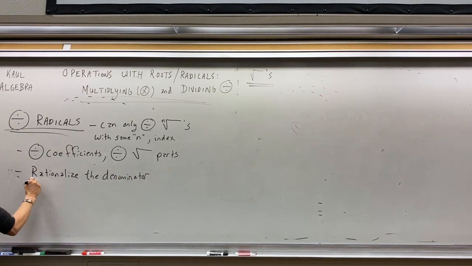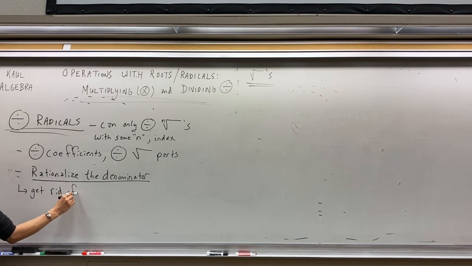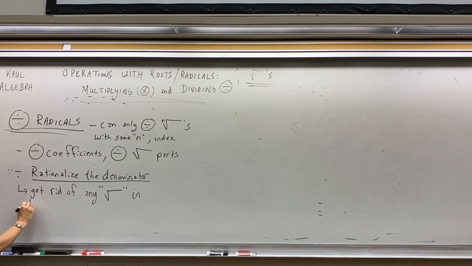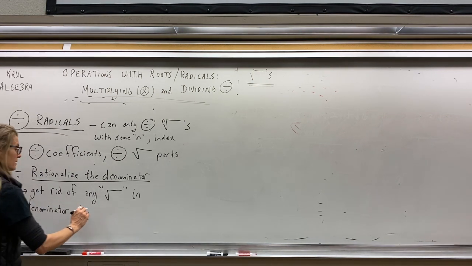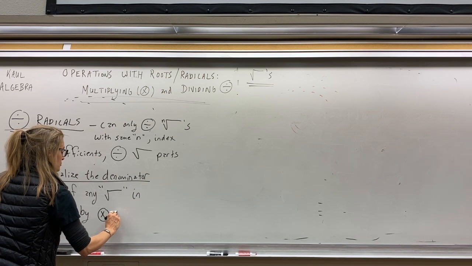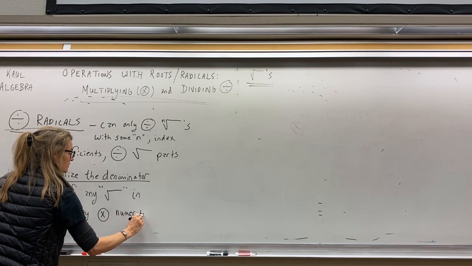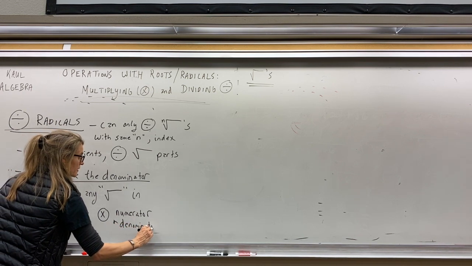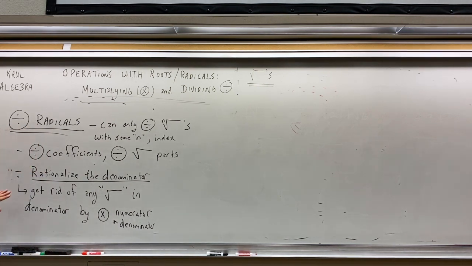What that means is get rid of any root in the denominator by multiplying numerator and denominator by, what we're going to do to rationalize, a special root or root combination that's called your conjugate.